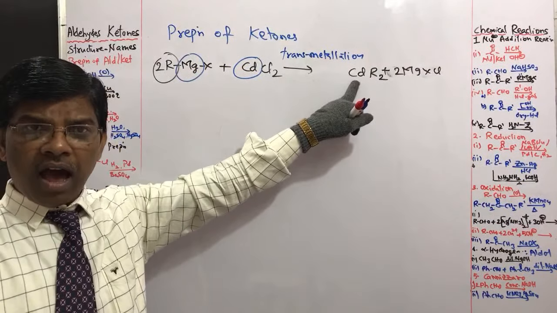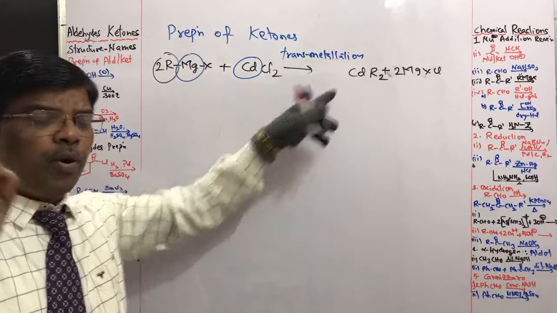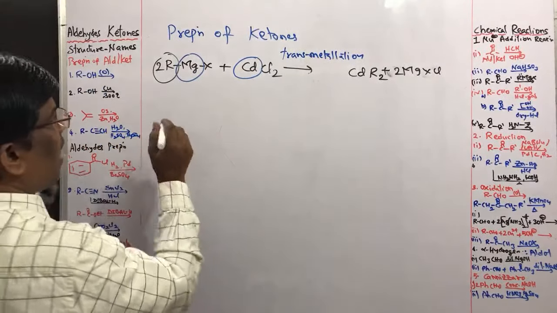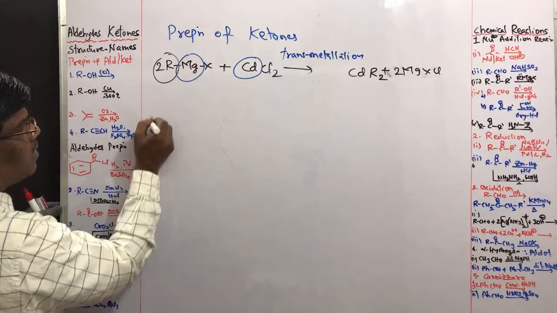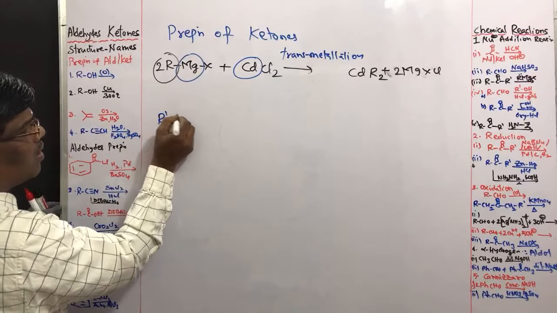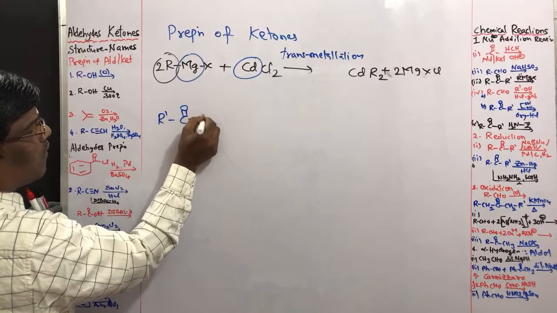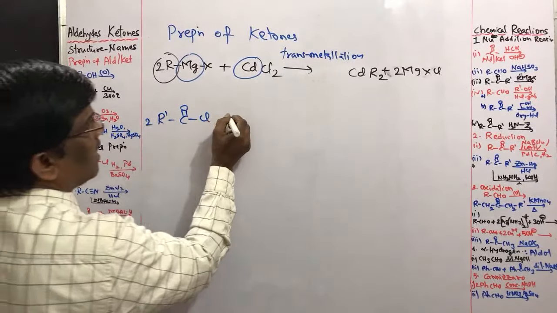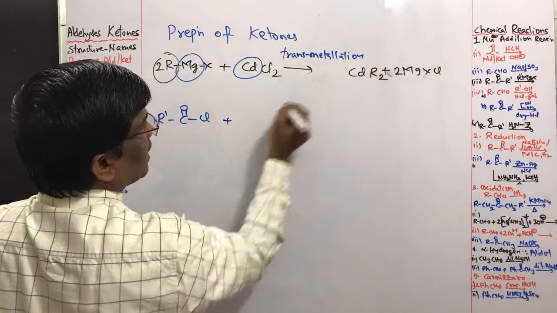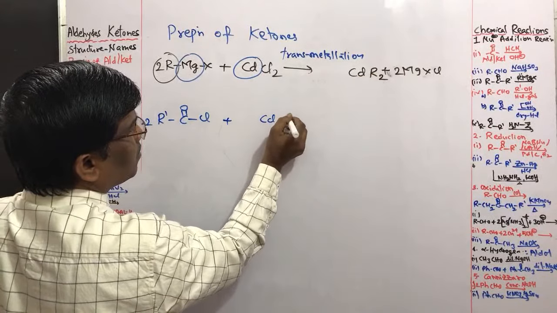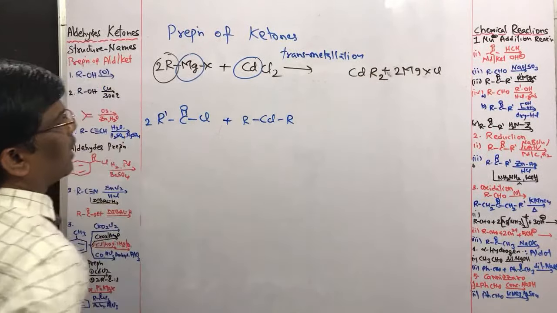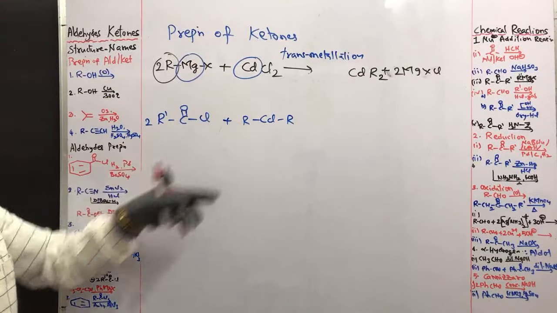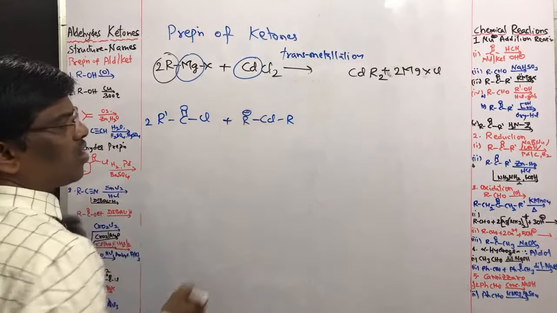This alkyl cadmium compound, when I treat it with acyl halides, for example 2 moles of acyl halides, this acyl halide is going to react with the cadmium alkyl group. Yes, students, usually it is negatively charged.